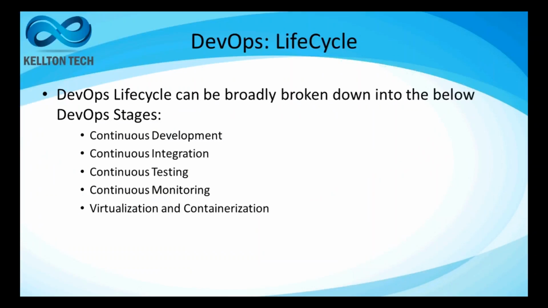And then the last stage is virtualization and containerization. In this stage, we can spin up the environment based upon the requirements, automatically, and create the OS, spin up the OS environments.